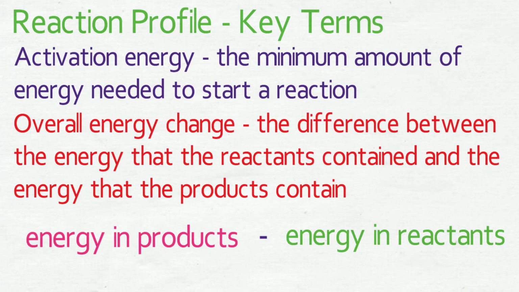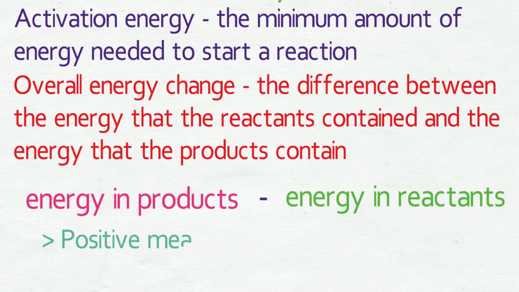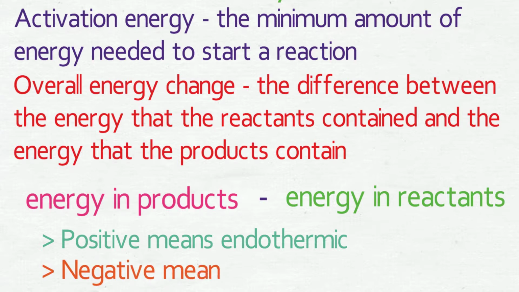This means that the reactant has taken in energy and therefore is an endothermic reaction. If the overall change is negative, it means that there is less energy in the products than there was in the reactants. This means that energy was given out in the reaction and therefore the reaction is an exothermic reaction.